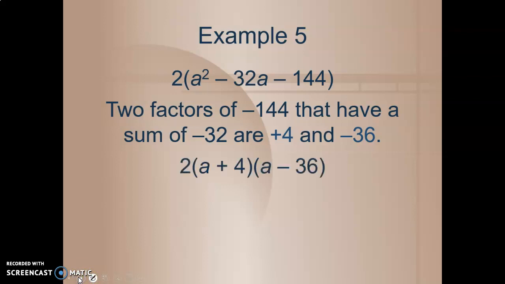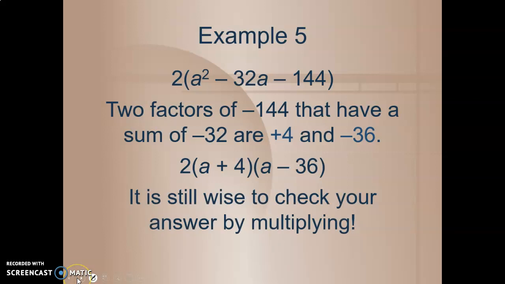So we'll put those as the last terms of our binomials, a plus 4 and a minus 36. It's still wise to check your answer by multiplying. What we would do is FOIL this, so first, outside, inside, last, and then we would take all of that and multiply the whole thing by 2, and we would end up back at our original polynomial.